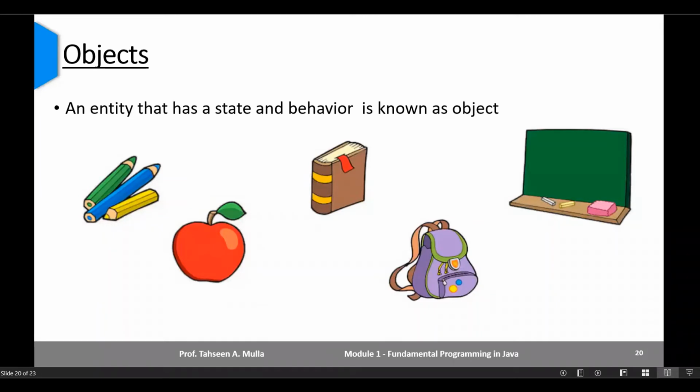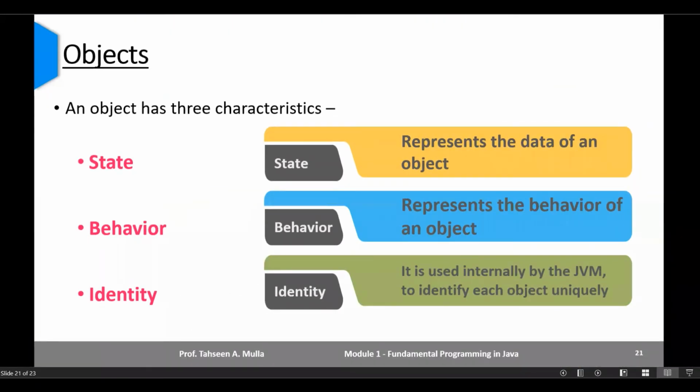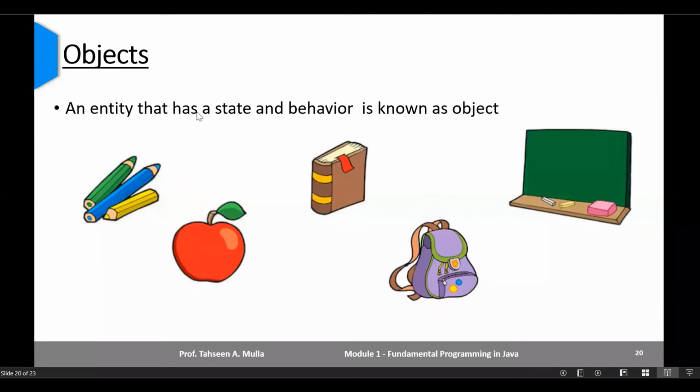Moreover, your object will have three characteristics. About states, you can talk about state and behavior. As mentioned in the first slide, the definition of an object is that an entity that has a state and behavior is known as an object. So how do we define an object? An entity.